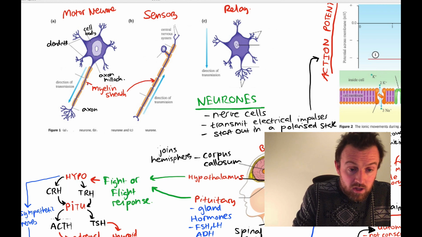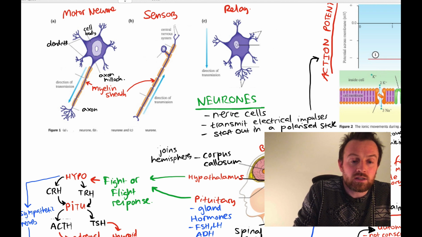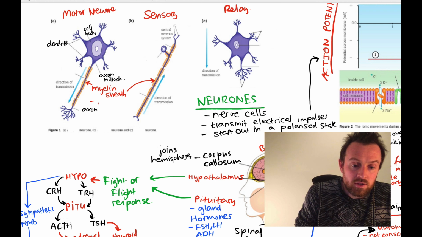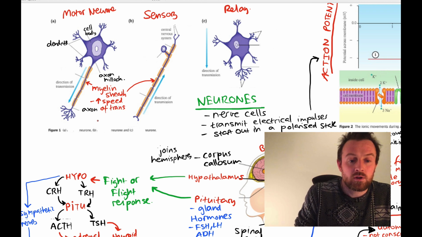So the myelin sheath can be on both motor neurons and sensory neurons. And the reason it's so important is that it increases the speed of transmission.